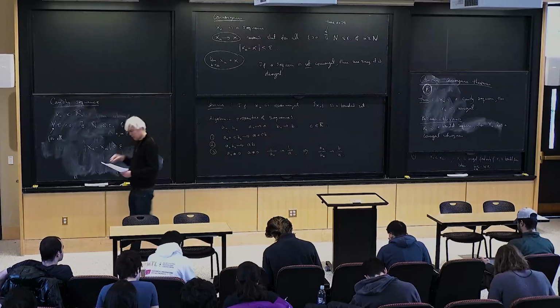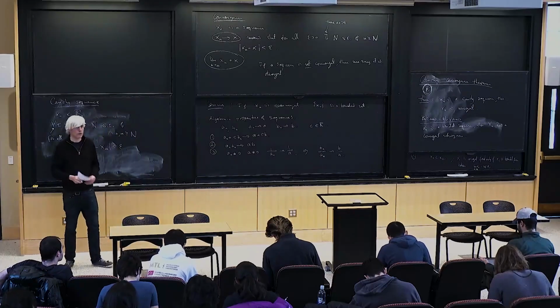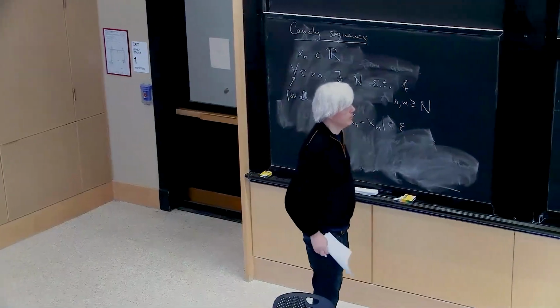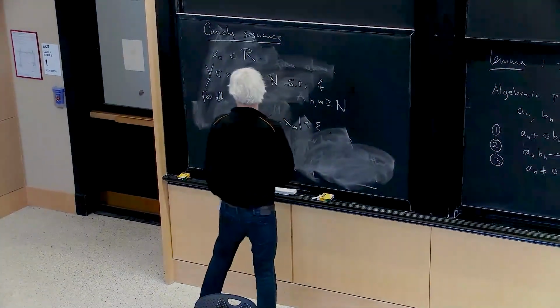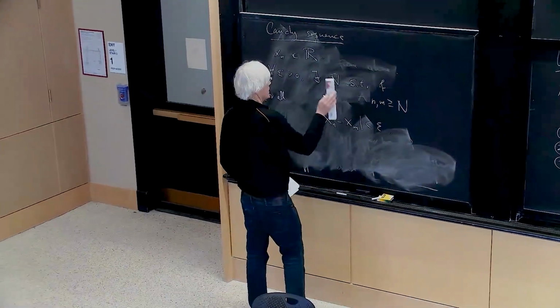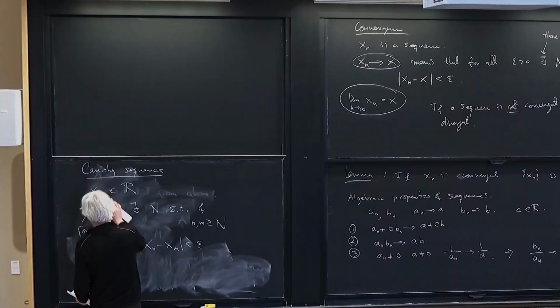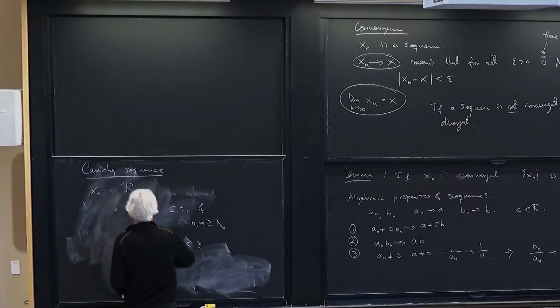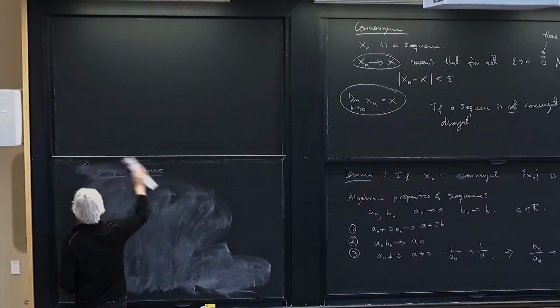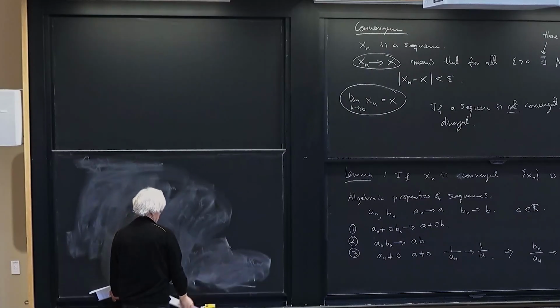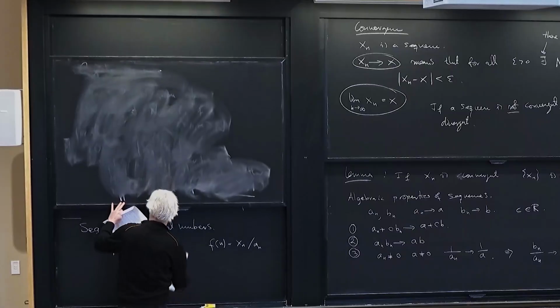The next thing I want to review is what it means for a function to be continuous. Continuity is another important property. It's closely tied together with sequences, and we'll get to that in just a minute.